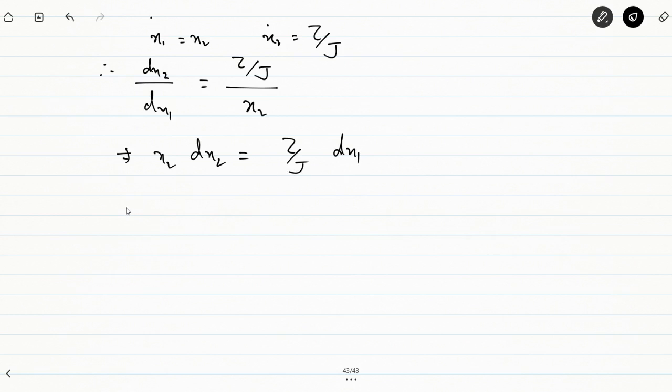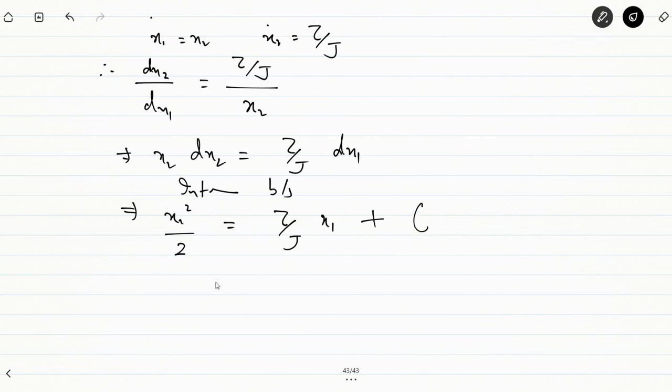Integrating both sides, these are fairly simple integrations. x2 dx2 becomes x2 square by 2 equal to, assuming tau is constant, tau by j times x1 plus a constant of integral, that is c.